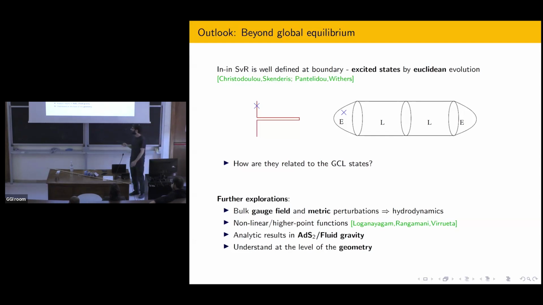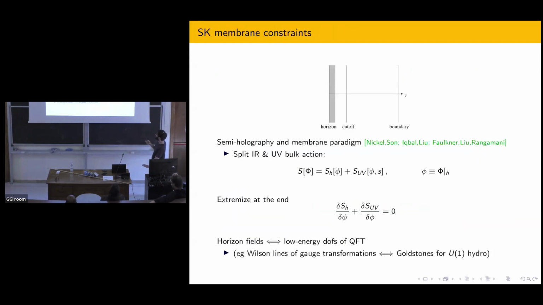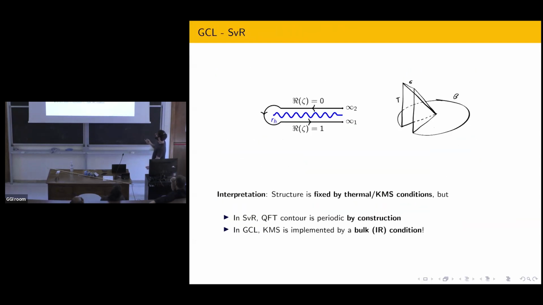And the very final thing, of course, a very ambitious goal, is to understand the relation between these two prescriptions at the level of the geometry. What I mean by that is that these are two very different complex-looking bulks.